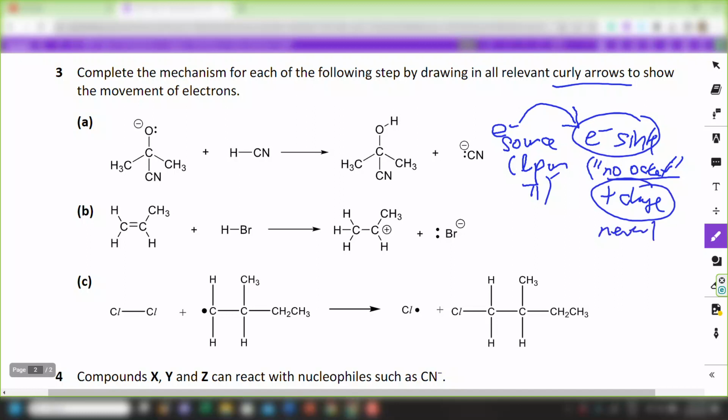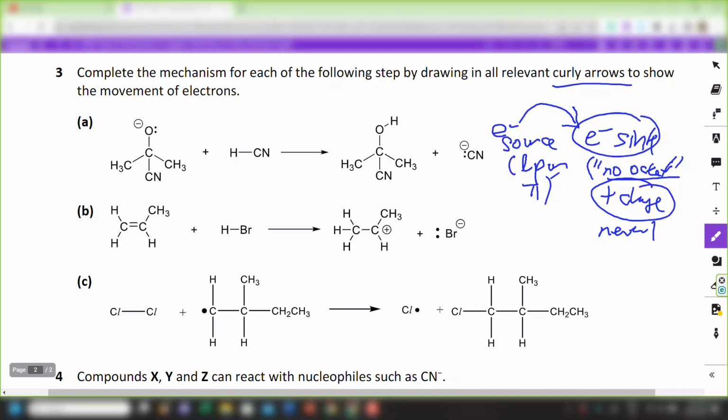Later on we will see. It doesn't mean that the electron source must attack a plus, because sometimes the site with a plus charge could be already saturated. But anyway, you learn as you go, so let's not go too much into unnecessary details.